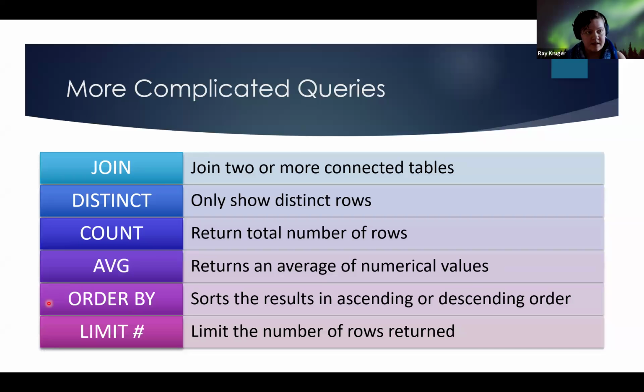Ascending will be in alphabetical or numerical order, and descending will be in like Z to A sort of order. And then you can also at the end limit with a number, and that will, if you don't want 227,000 things, you can get a limit so it only gives you the first 10 or something like that.